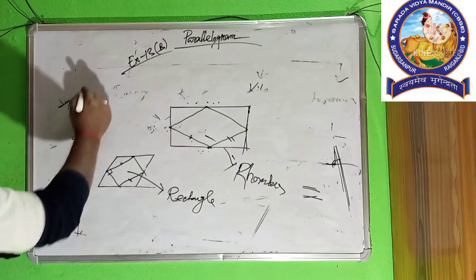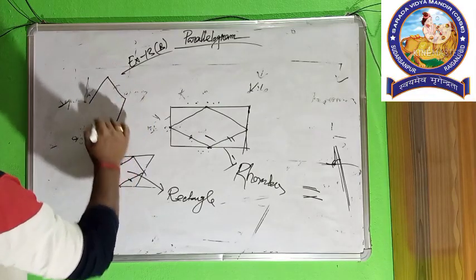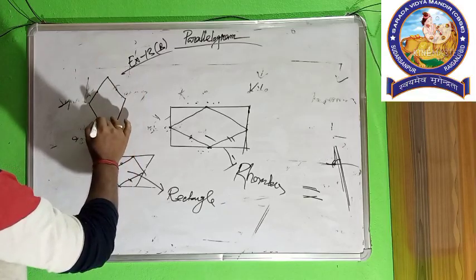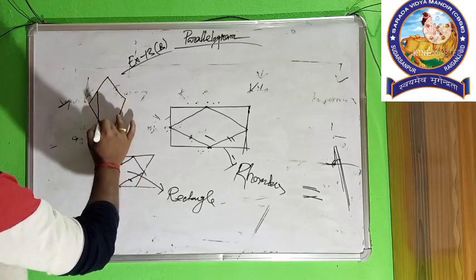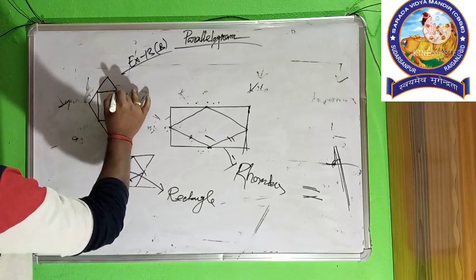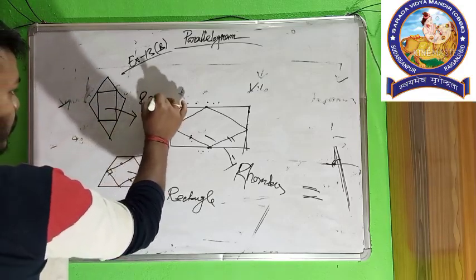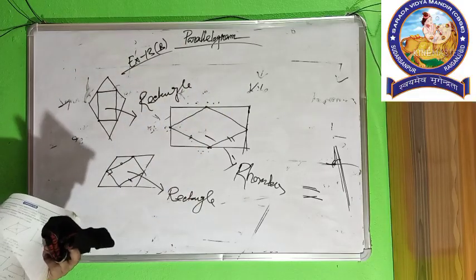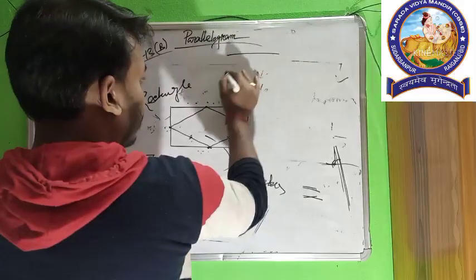If we join the midpoints, it is also a rectangle. Okay. Next, D, an isosceles trapezium.